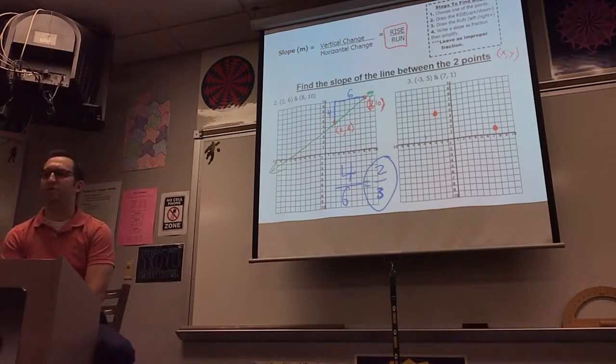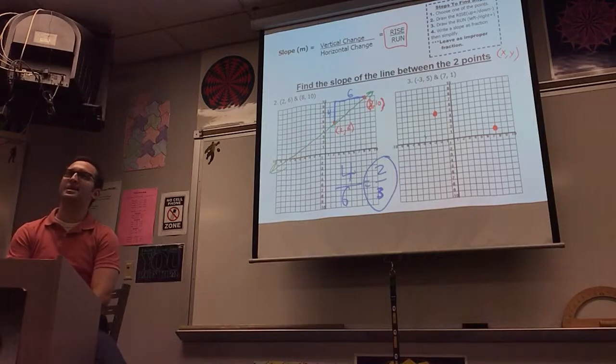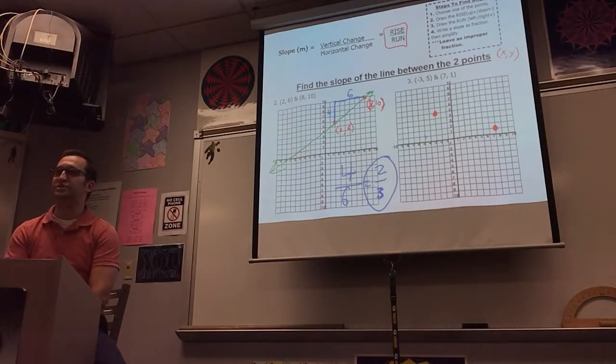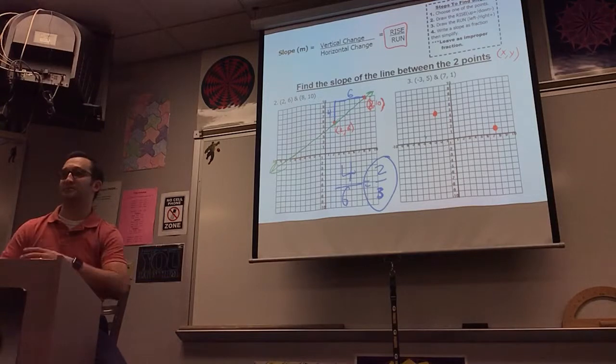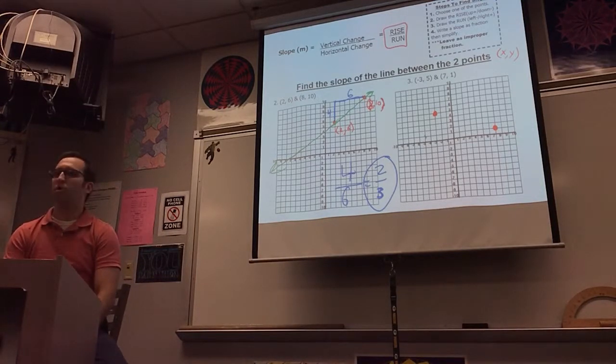So I have a question for you. What do we not technically need to do? Simplify? No, we definitely need to simplify. We always simplify. Good idea though. What are we trying to find? The line?